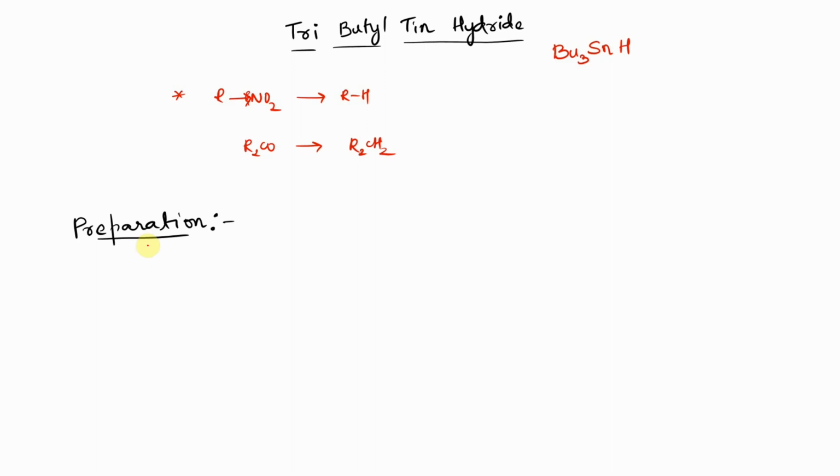So how do we prepare tributyl tin hydride? We prepare it by treating tributyl tin chloride with lithium aluminum hydride. When you carry out a reduction on tributyl tin chloride using lithium aluminum hydride, we prepare tributyl tin hydride. Here n indicates that this butyl group is in a straight chain. Don't get confused with these butyl groups. Butyl is nothing but CH3, CH2, CH2, CH2, and these groups three times.